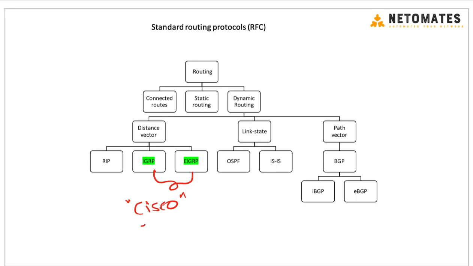If you want to run them on Arista, FortiGate or Palo Alto, they won't support it, because these two were invented and used only by Cisco and their products. The rest of them are all standards. Any device supporting BGP has to follow the respective RFC. An RFC is nothing but the standard defined for that particular protocol.